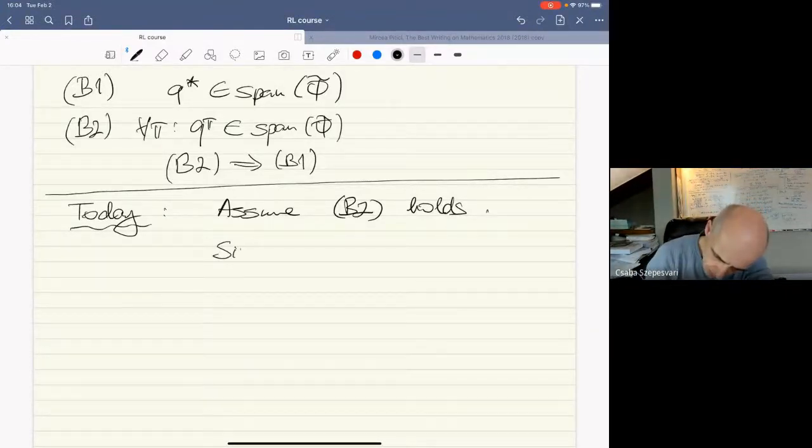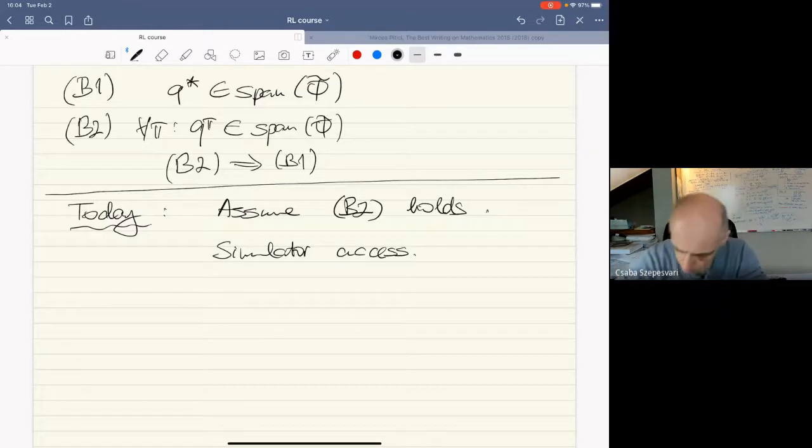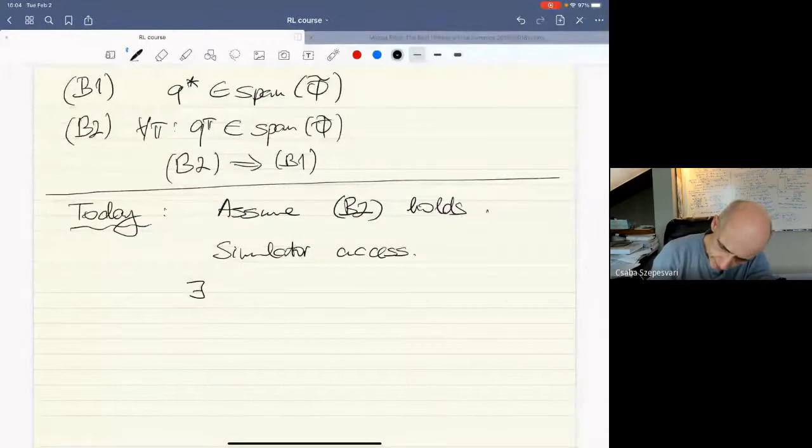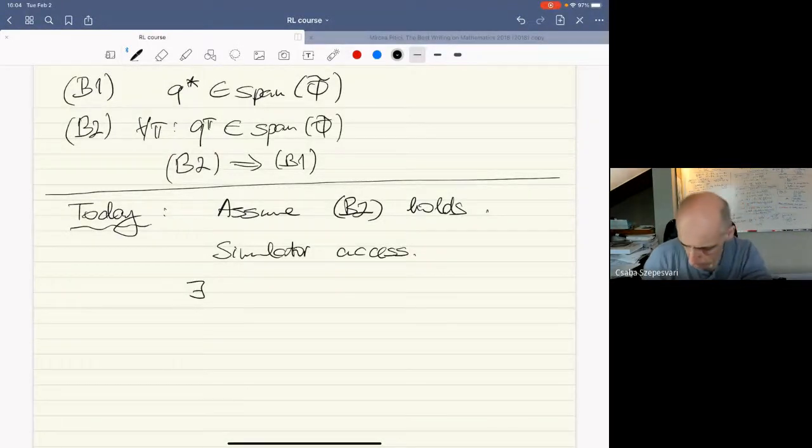We have simulator access. Does there exist a local planner?